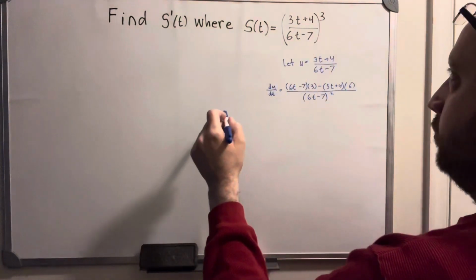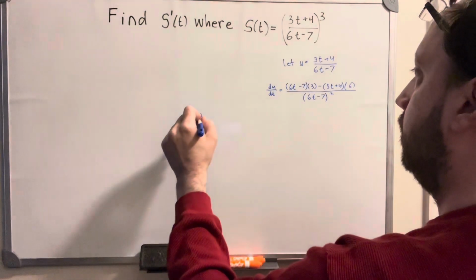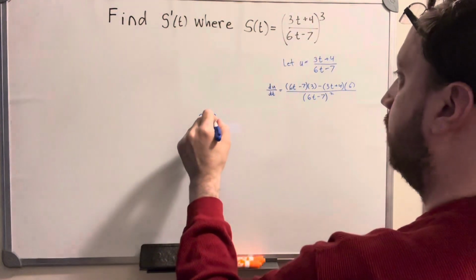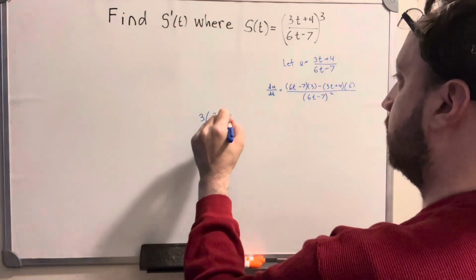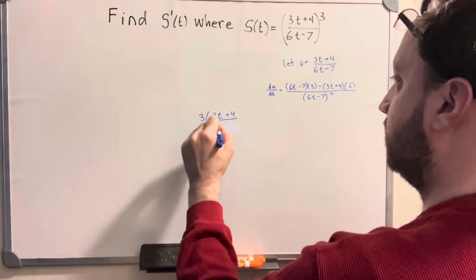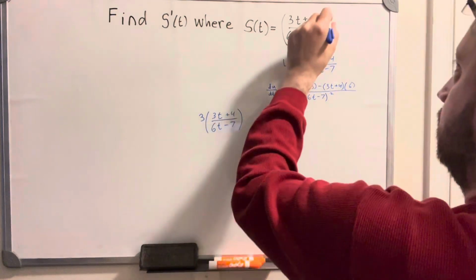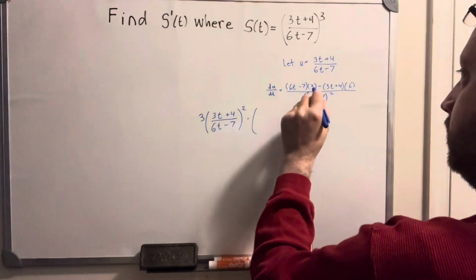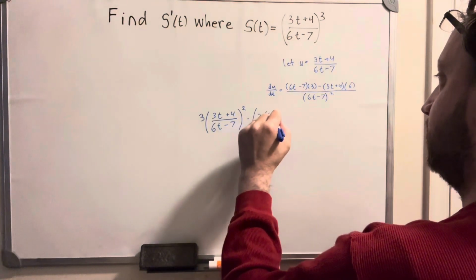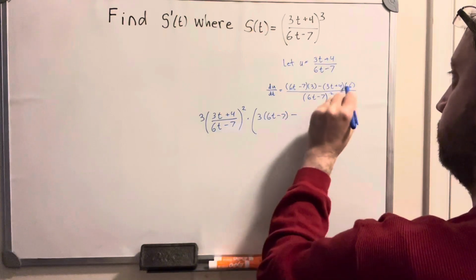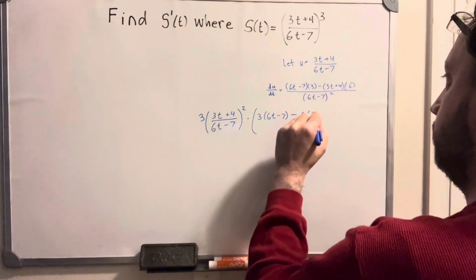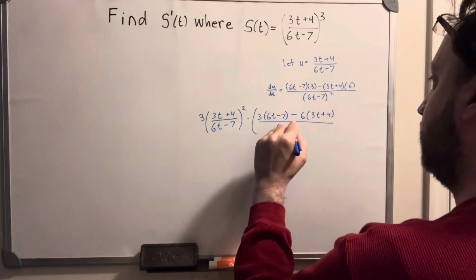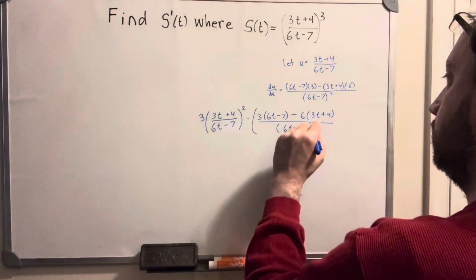So this problem wasn't so bad. You just do 3 times this quantity, 3t plus 4 over 6t minus 7, squared, decrementing the power 3 by 1, times, tell you what, let's write 3 times 6t minus 7 minus, let's put the constant in front, 6 times 3t plus 4, over 6t minus 7 squared.